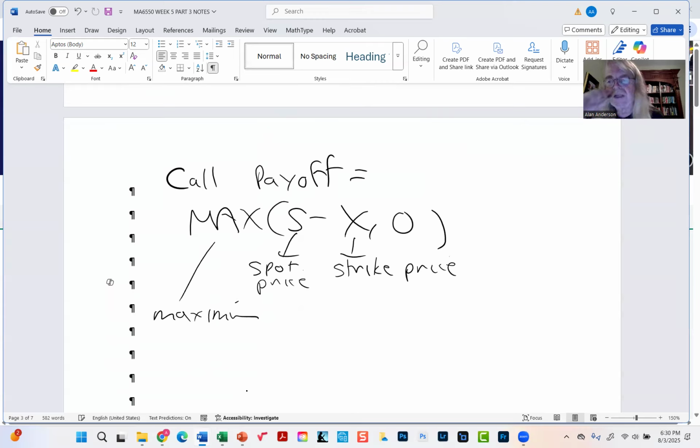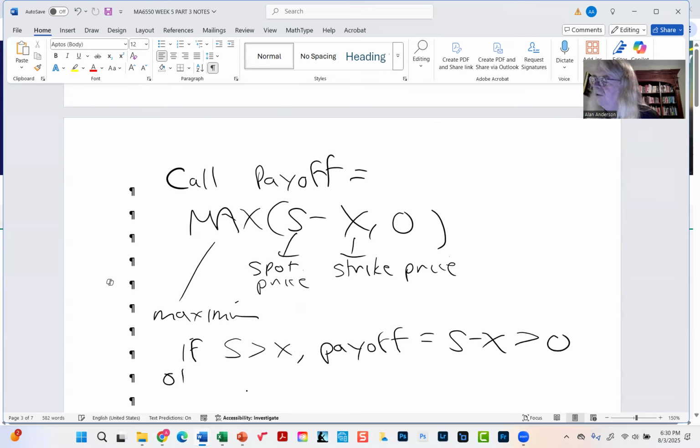And so what's happening here is that if S is greater than X, the payoff equals the difference between the two, which we know is positive. Otherwise, the payoff is simply zero. And so therefore, it's got to be the greater of S minus X if it's positive or zero. And that's why it's written this way.